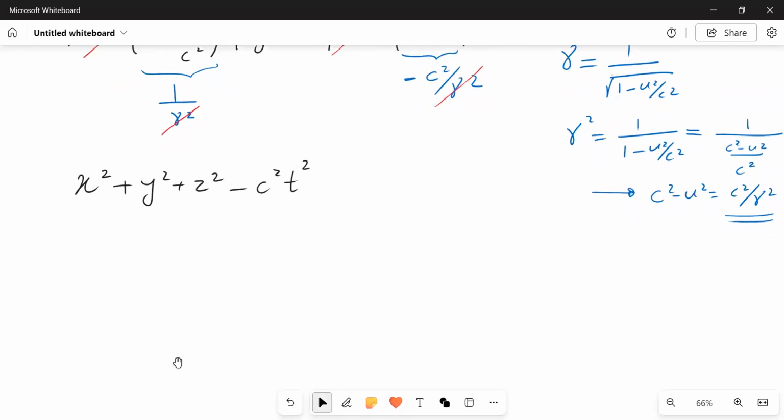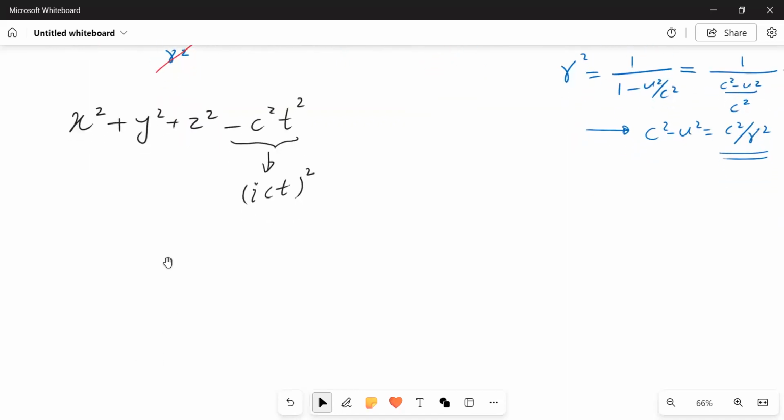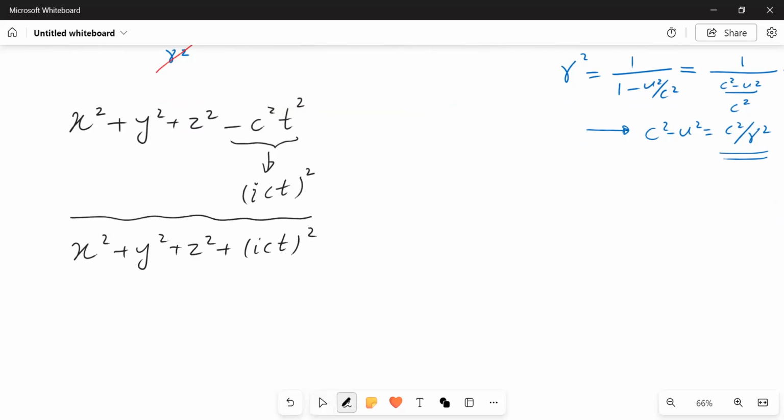And one last step, I can take this minus c squared t squared and write it as ICT squared. So I end up with x squared plus y squared plus z squared plus ICT squared. And this is what I wanted to end up with.